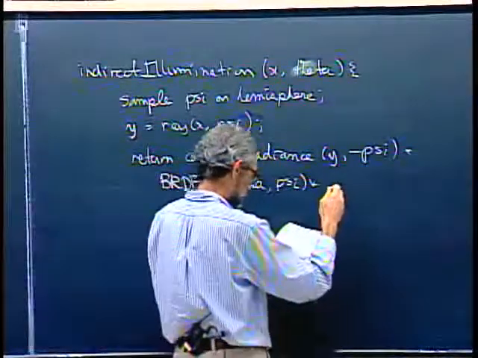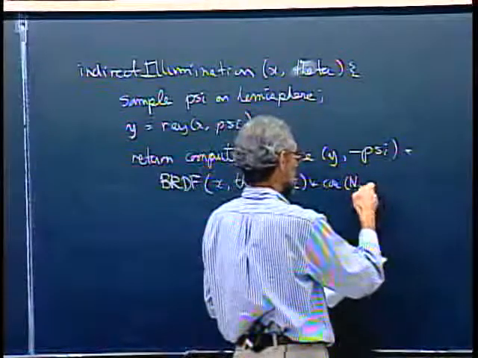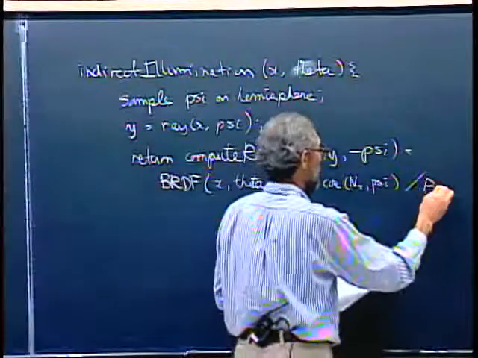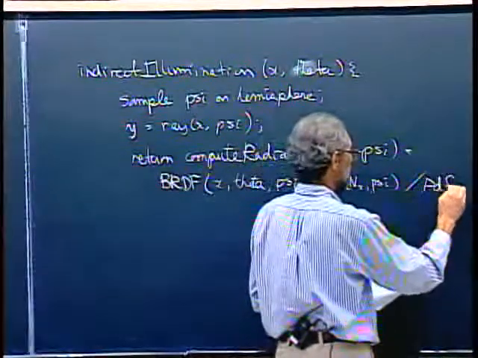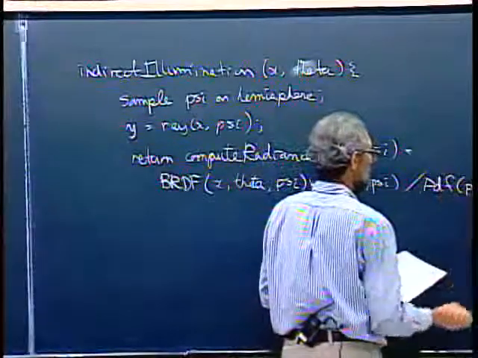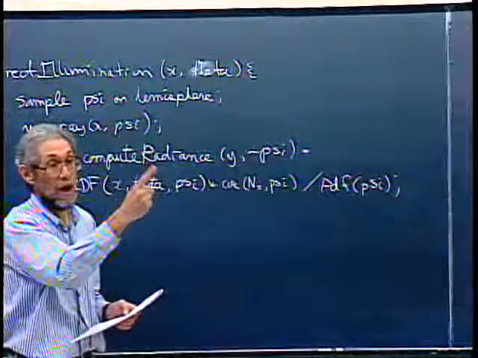See, now we still need the same cosine nx psi. And we divide by the probability density function of choosing psi. So there's no visibility function because we're just tracing out into the environment.